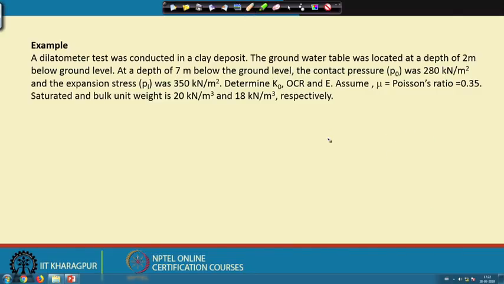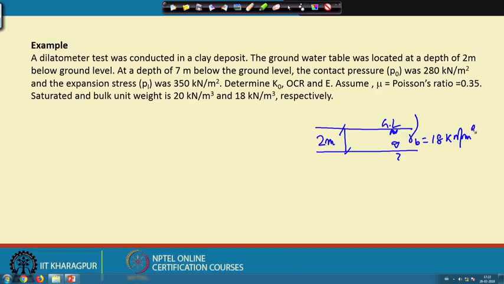So, that means we have a soil. This is the ground level or GL, and the water table position is here, which is 2 meter below the ground level. The bulk unit weight is given as 18 kilonewton per meter cube, and the saturated unit weight is given as 20 kilonewton per meter cube.